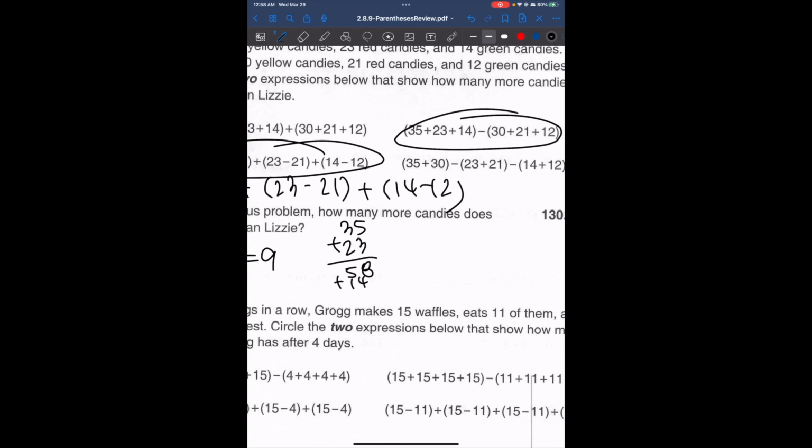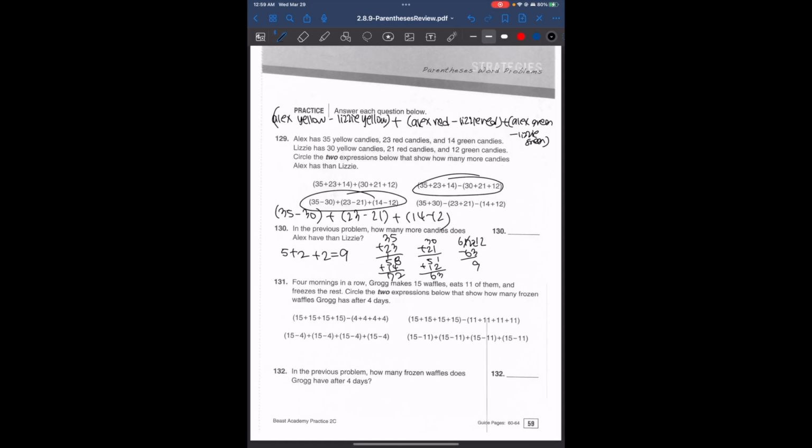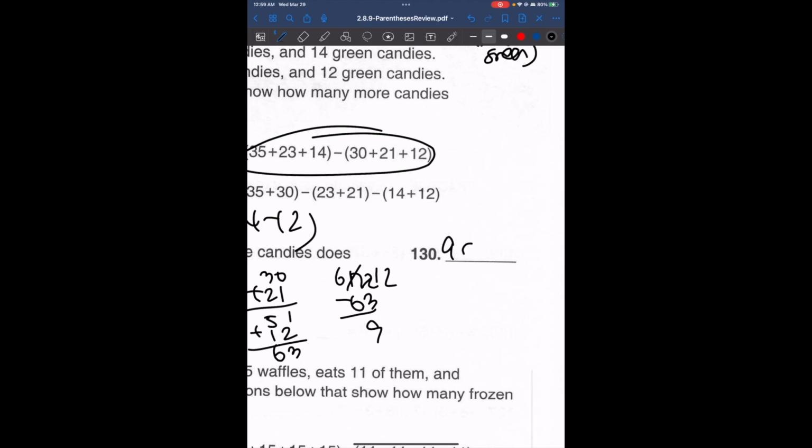And if we add 14, that gives us 72. 30 plus 21 is equal to 51. And plus 12 to that is going to be 63. 72 minus 63 is going to be 9. So we both got the same answer, 9 candies.